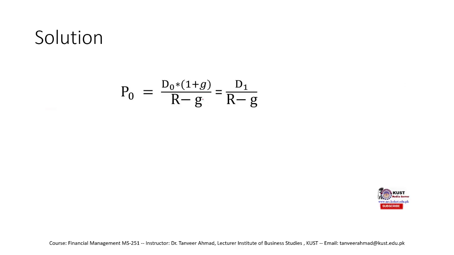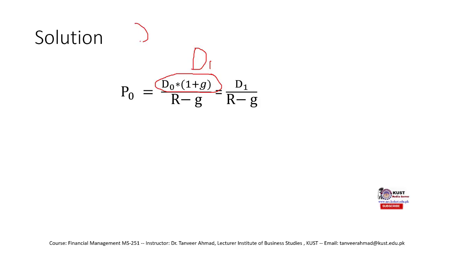This is our equation. We have just seen this equation. Remember, we said P naught is equal to D naught into 1 plus G divided by R minus G, and we have already mentioned that this D naught into 1 plus G means D1. What we are doing here is basically adding the growth in dividend to this D naught.